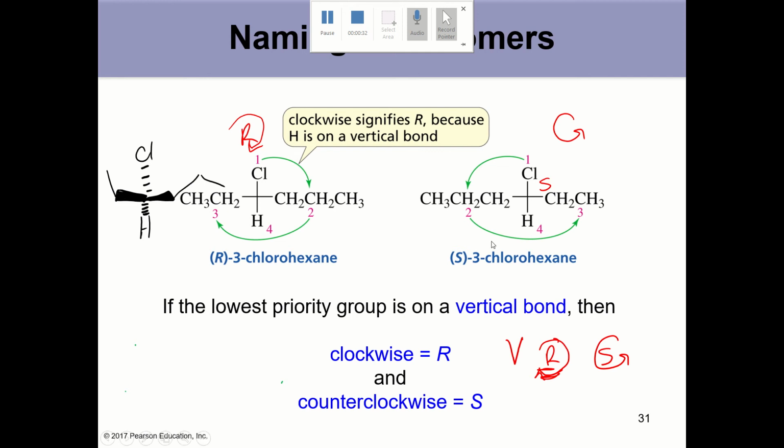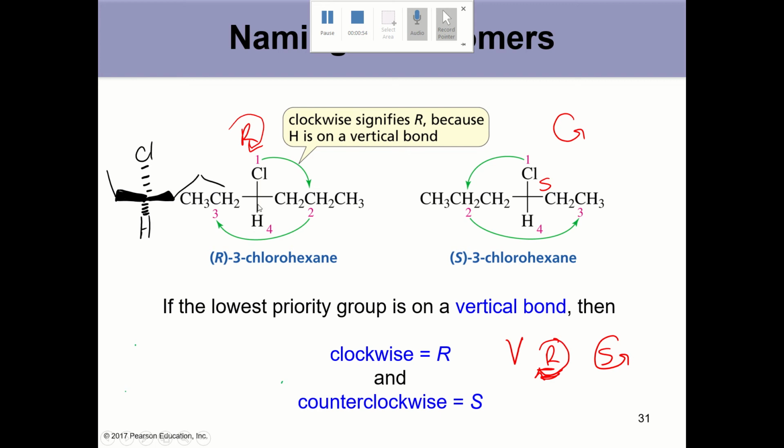Beginning with the lowest priority group on a vertical bond: if the lowest priority group is on a vertical bond, then clockwise is R and counterclockwise is S. Clockwise is R, counterclockwise is S.